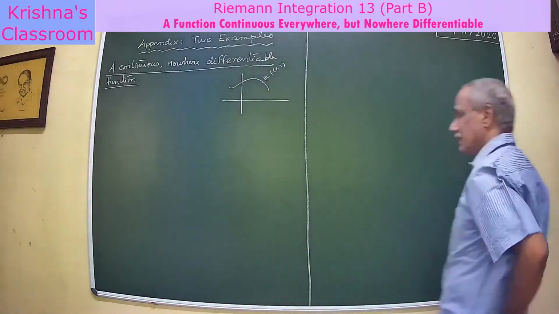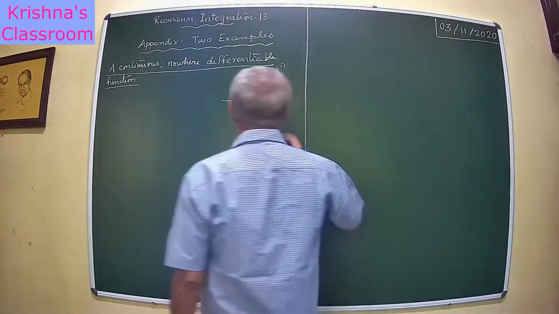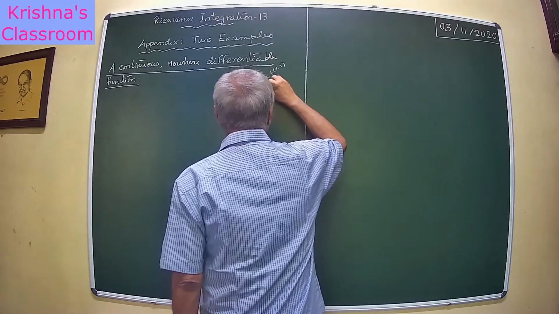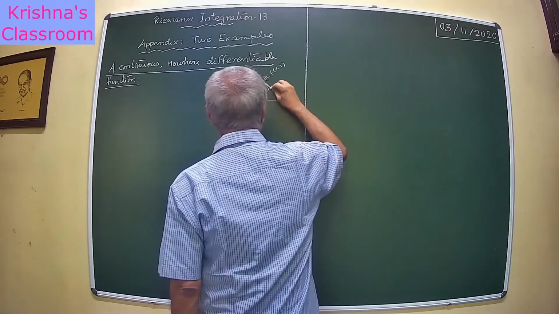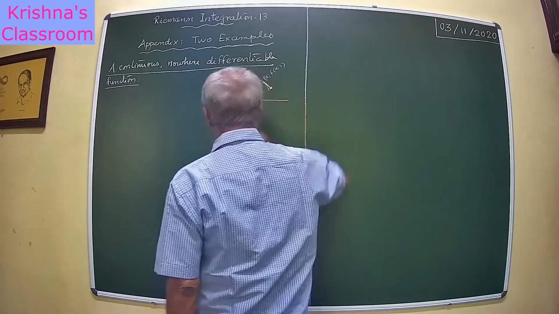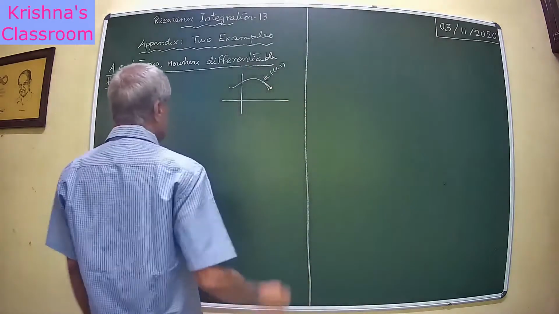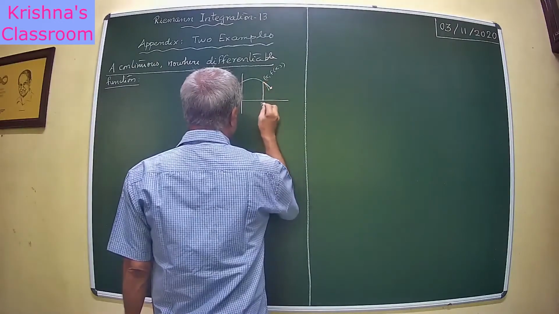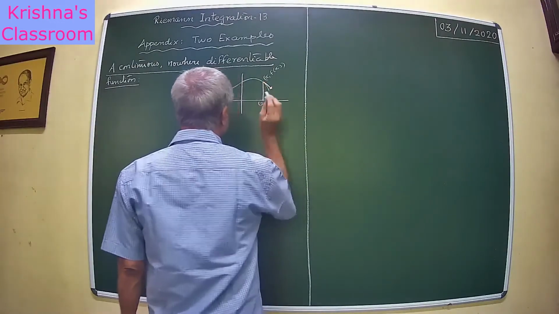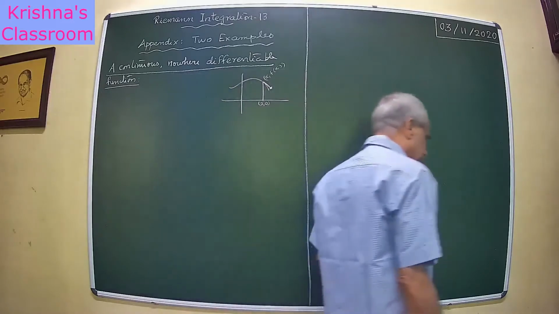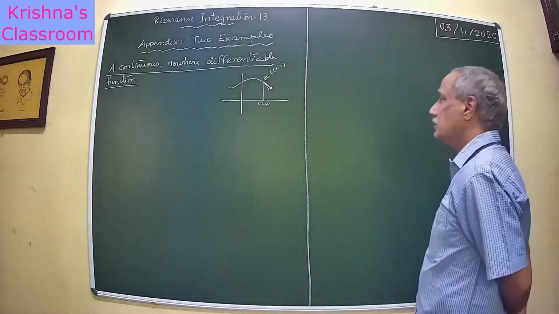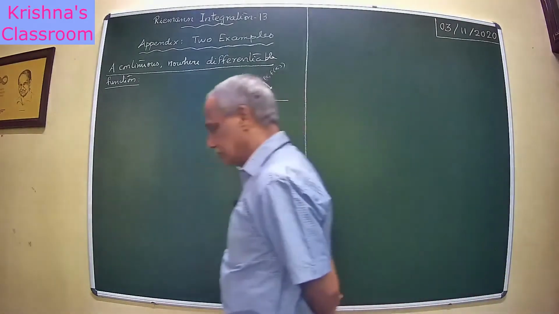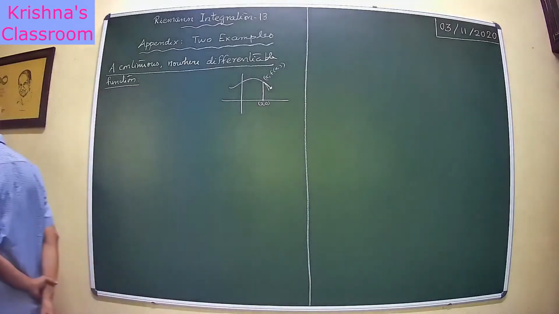Now you see that the tangent, the slope of the tangent corresponds to the derivative of the function at the point x. This we know. So geometrically, it has something to do with the tangent.